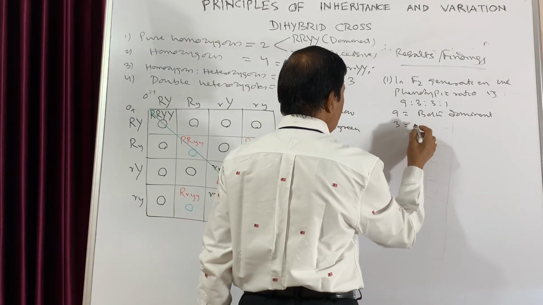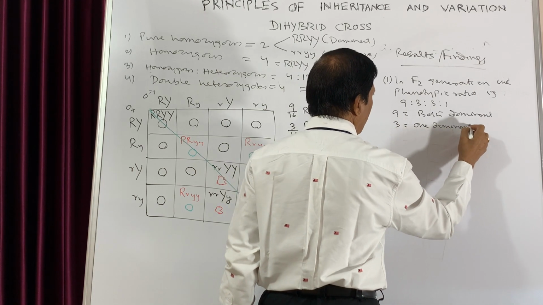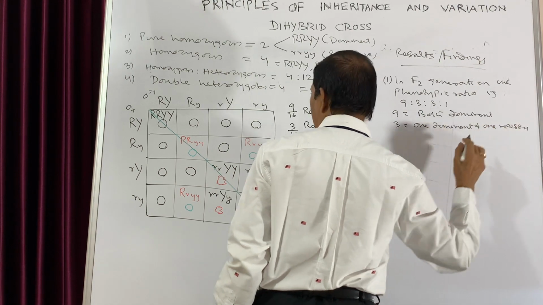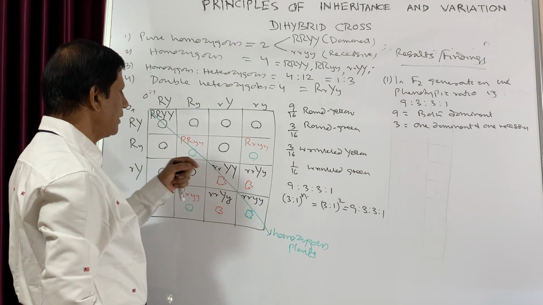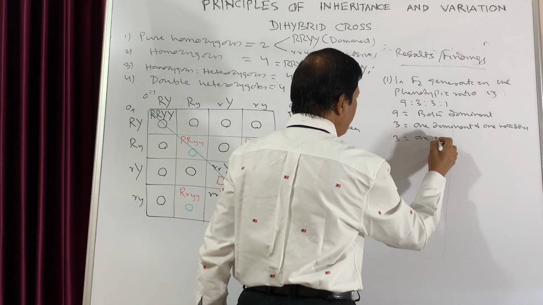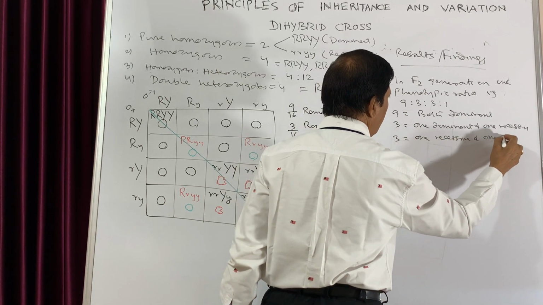At 3 places, one dominant and one recessive, like this. One dominant, one recessive. Here also one dominant, one recessive. The other three, one recessive and one dominant.